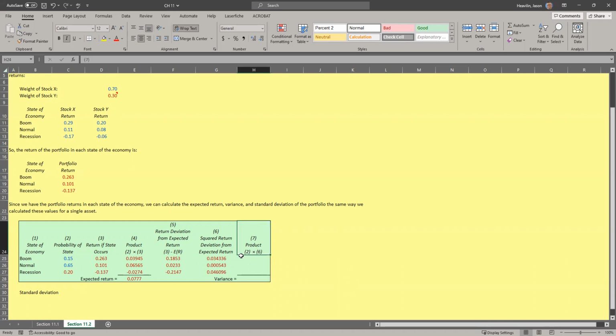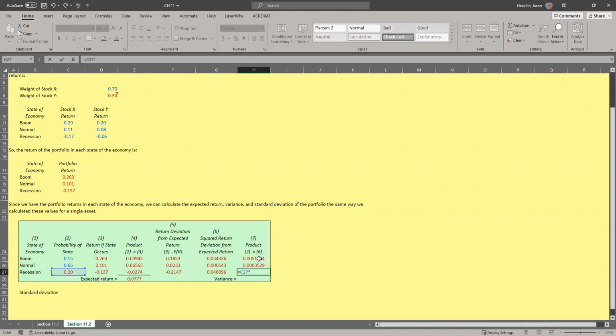So as you see there, it says multiply column 2 times column 6. So we're going to use column 2 as the weight, the probability functions as the weight, times the squared return deviation from expected returns. This number that we calculated there. So we take that, multiply by that, and it gives us the value we want.